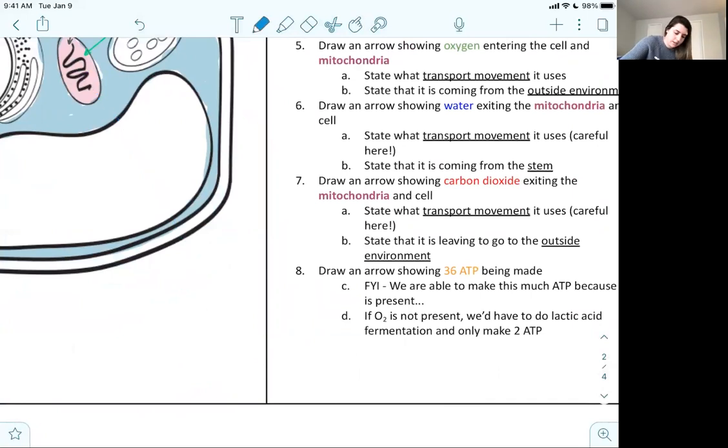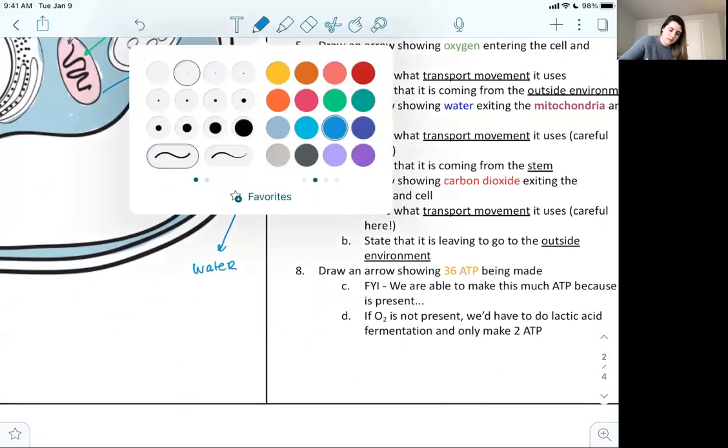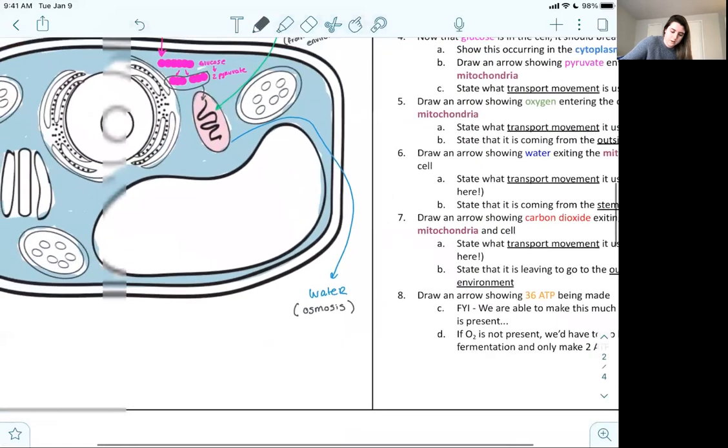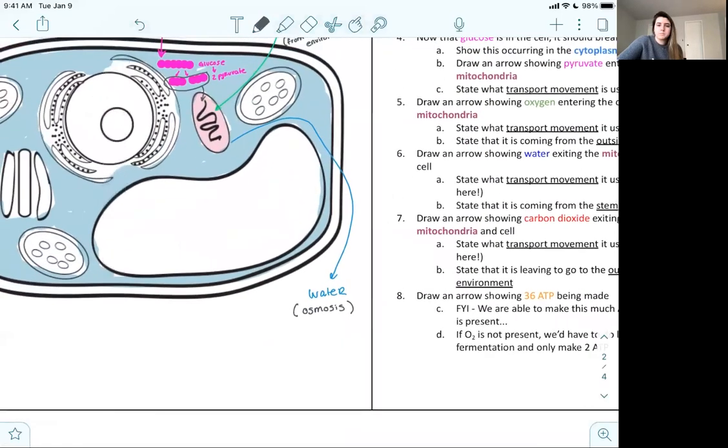So this isn't confusing, I'm going to draw my arrow headed out this way. My water, in this case, has a transport movement. Remember, water is like diffusion, but we call it osmosis because it's in particular for water. Okay, so our water exits here.